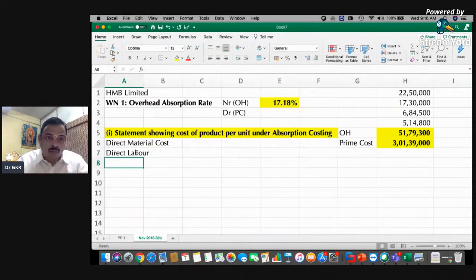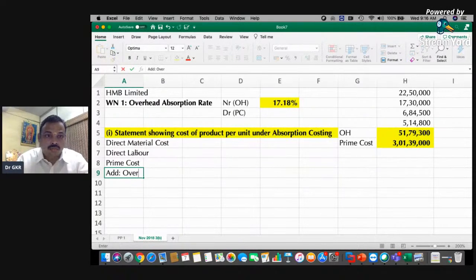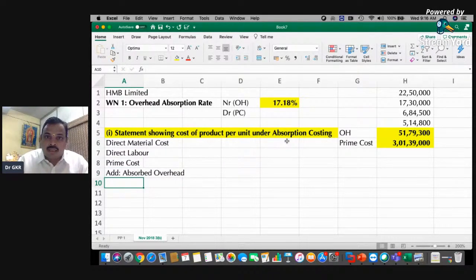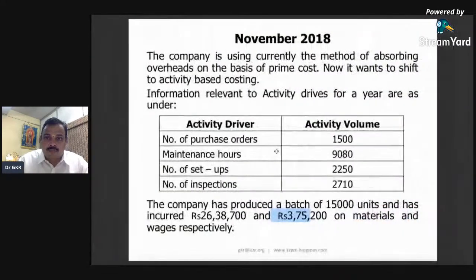And what is your prime cost? And what is your add overhead? I'll call it absorbed overhead. So what is your direct material cost given in the question?